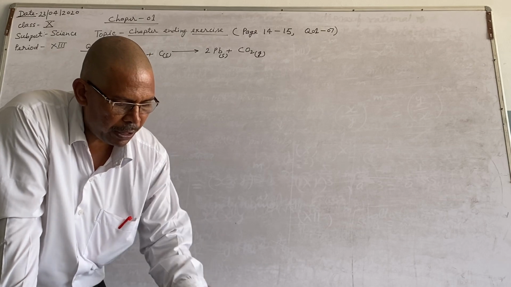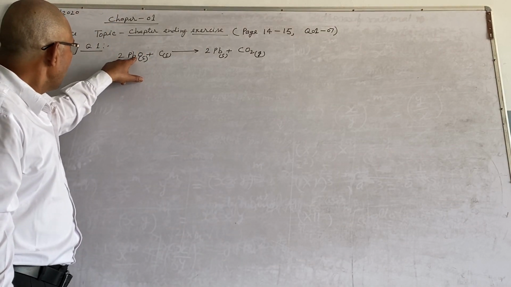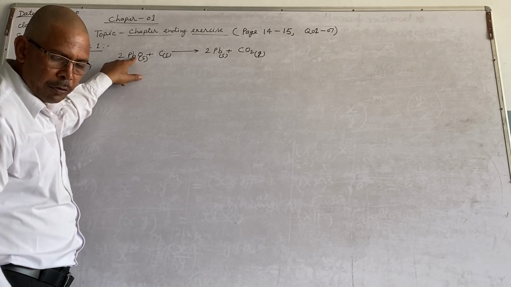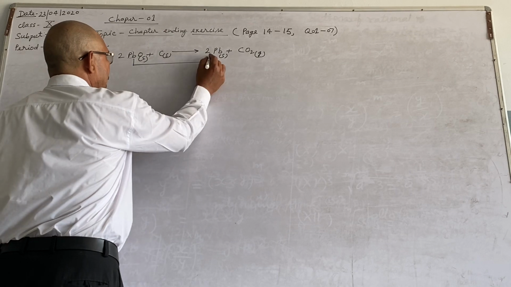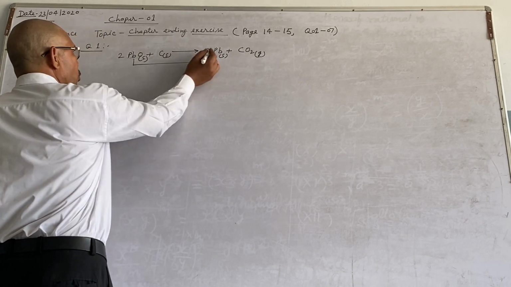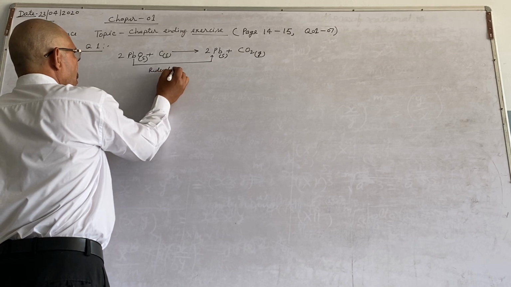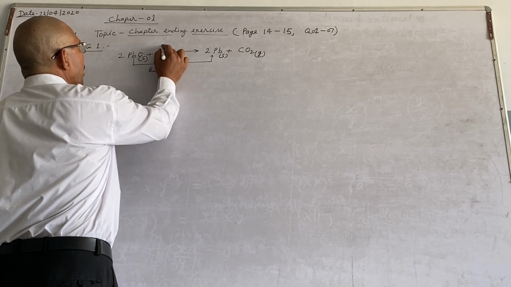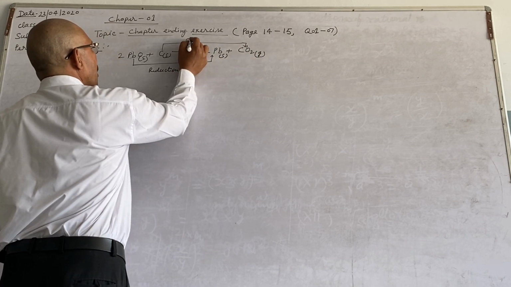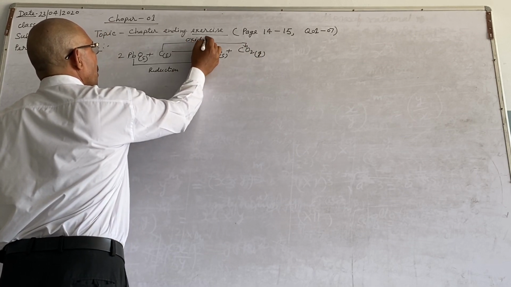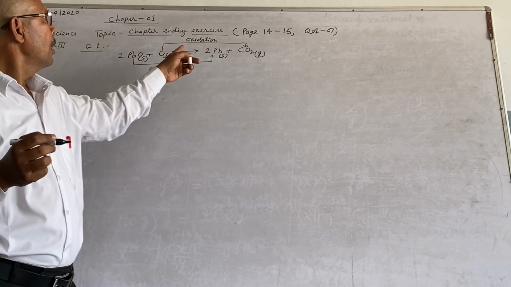Out of all these 4 options, see what happens here. In this reaction, lead oxide undergoes a reduction. A reduction of lead oxide takes place into lead. And here carbon undergoes oxidation.